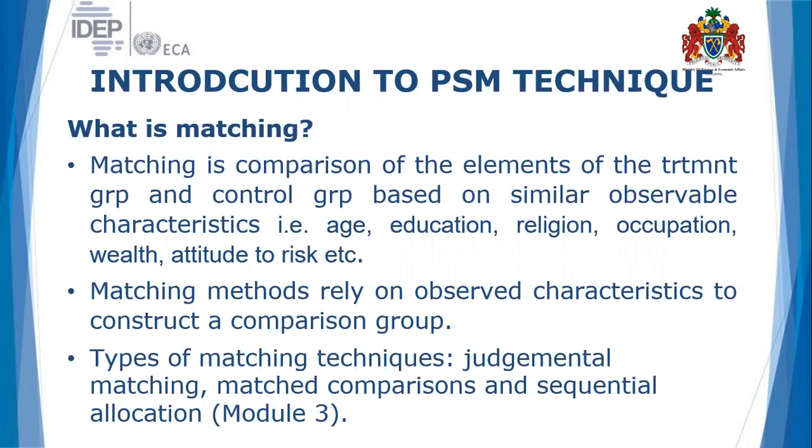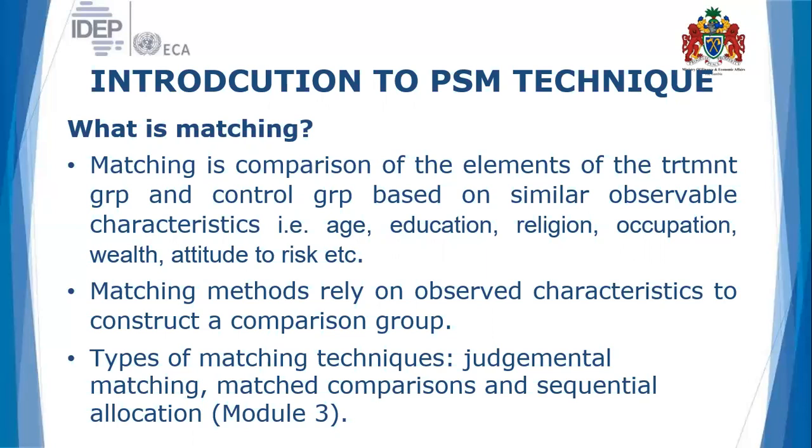Now, introduction. Let's look at what we mean by matching. Matching refers to comparison of elements of the treatment group and control group based on similar observable characteristics. These characteristics could be age, education, religion, occupation, wealth, attitude to risk, or any other characteristic of interest.